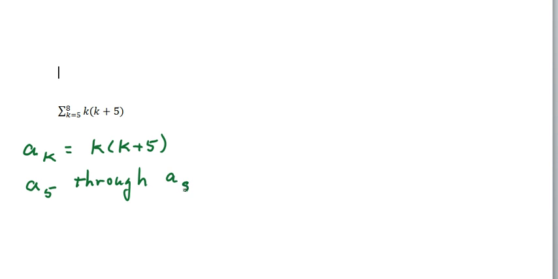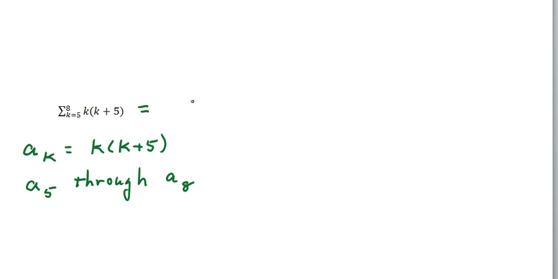And it is the sum from k equals 5 to 8 of k times (k plus 5). So this time, the general term of our sequence is k times (k plus 5). And we're going to be adding the terms a sub 5 through a sub 8.